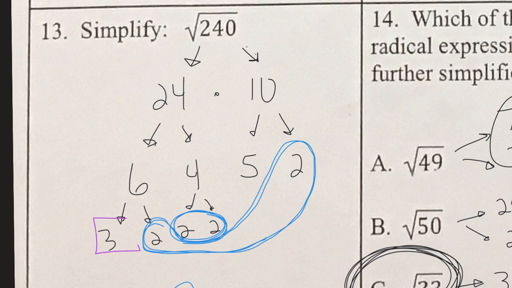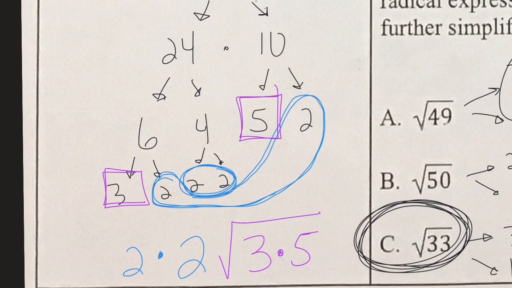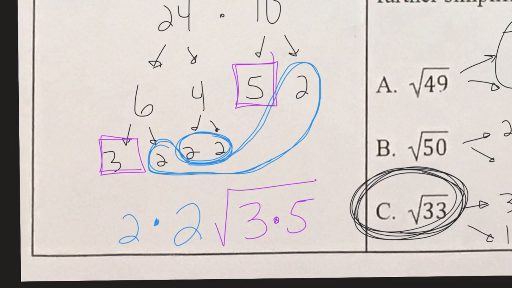Nope, there's a 3 left over and a 5 left over. So both of those numbers are going to go back underneath your square root, or your radical. So our final step is to multiply these things together. Outside times outside. 2 times 2 is 4. And 3 times 5 is 15.